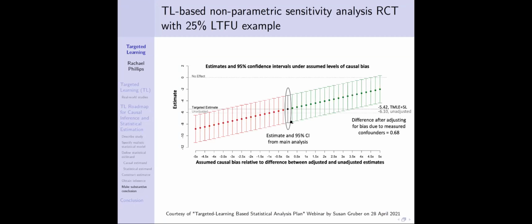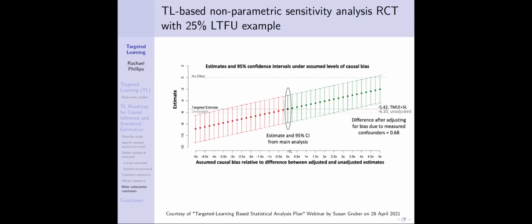Then in green, we have different estimates and 95% confidence intervals, which are just increased slightly. And then again, in red, different estimates and confidence intervals, which are decreased slightly. In particular, we have this negative 0.5x, negative 1x, negative 1.5x.